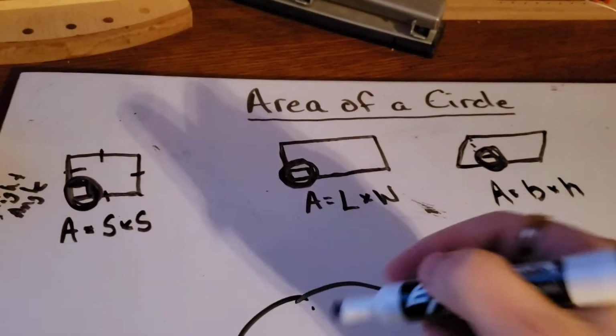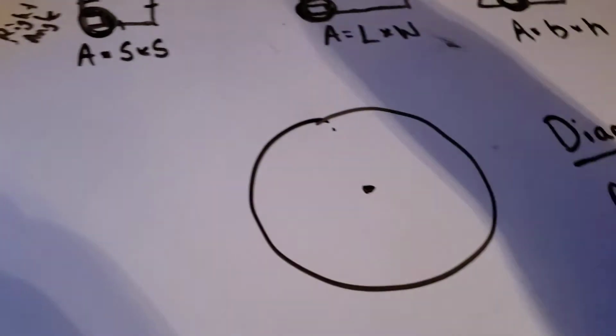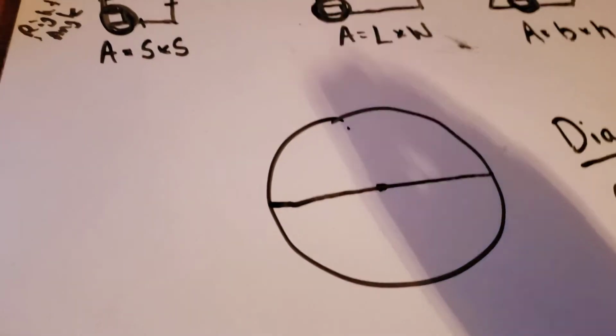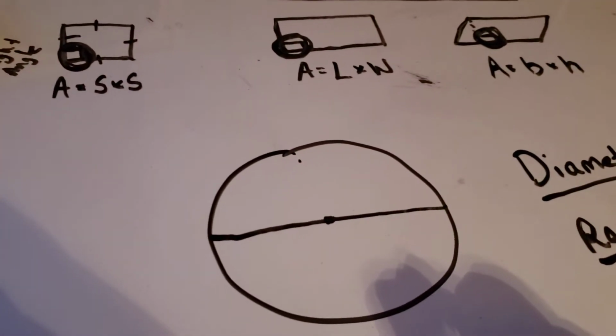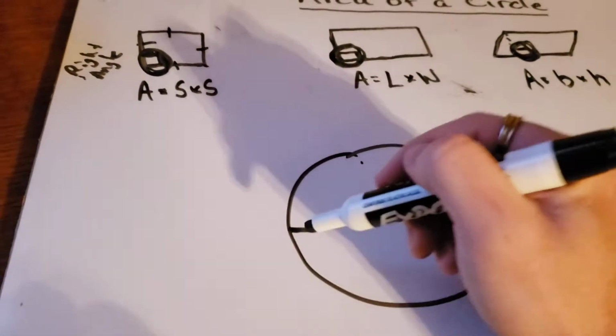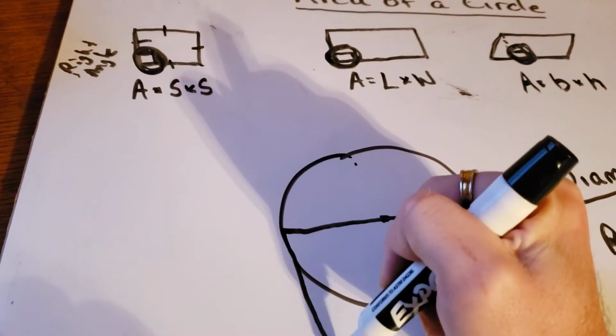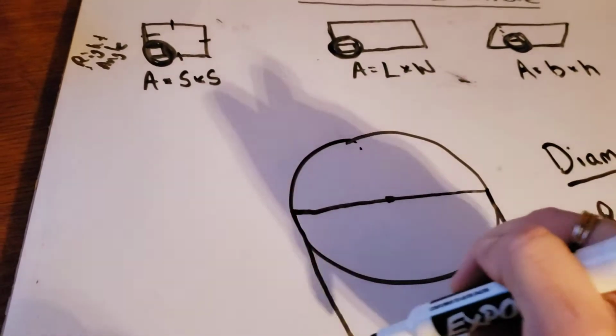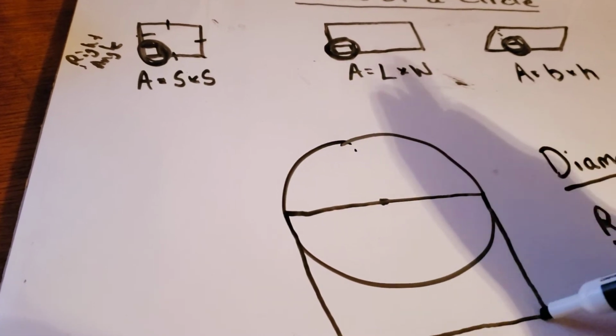So the diameter is the distance across a circle through its middle. So maybe you thought we could create a square using the diameter. So let's try that. Okay, so I could create a square using the diameter.